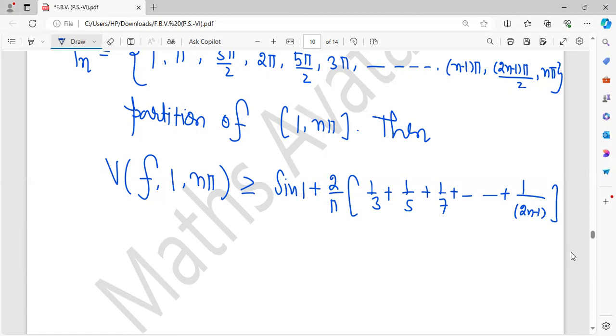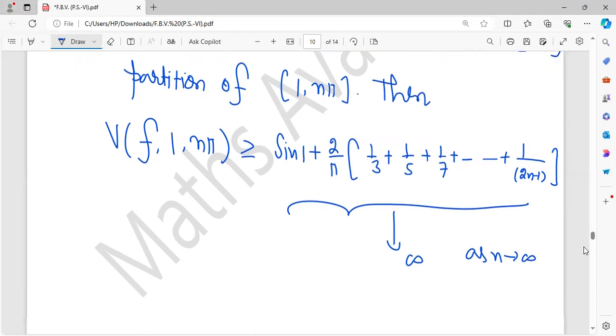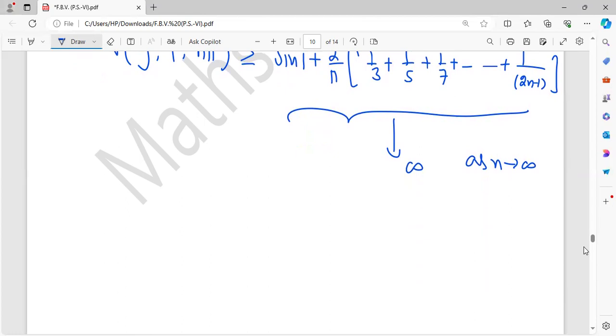But this is divergent, and this tends to infinity as n tends to infinity, because it is a partial sum of a divergent series. So the variation on [1, nπ] tends to infinity as n tends to infinity.